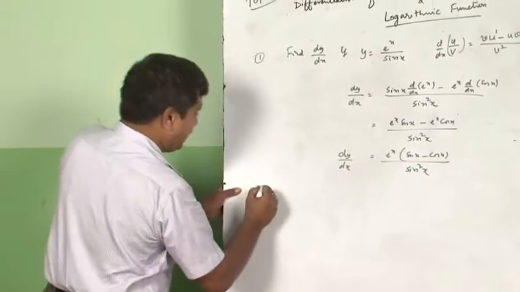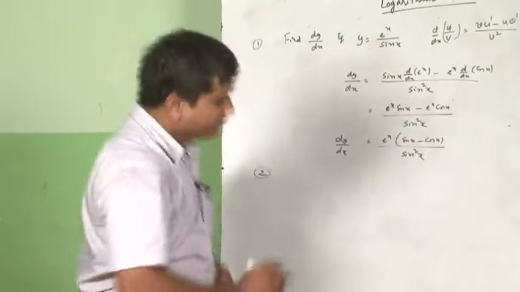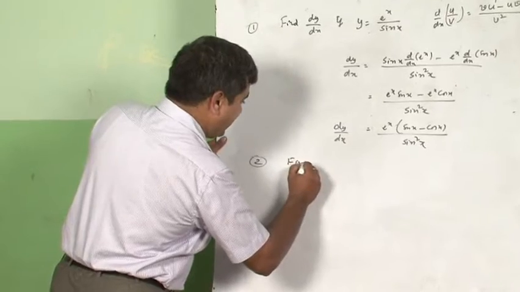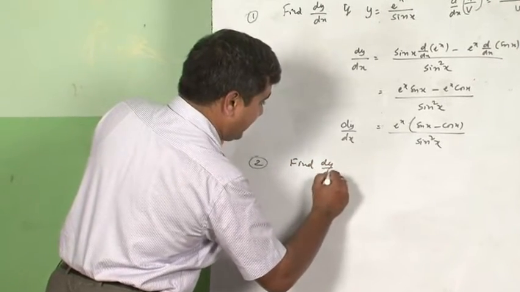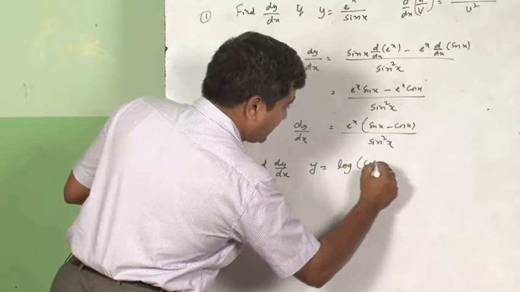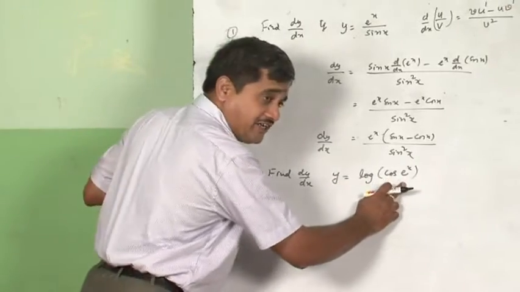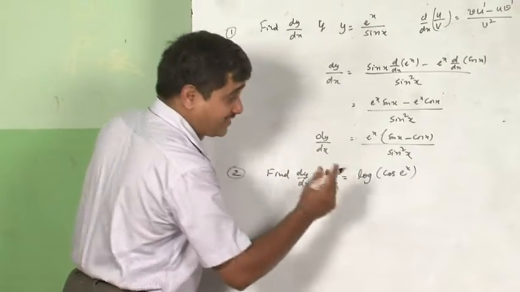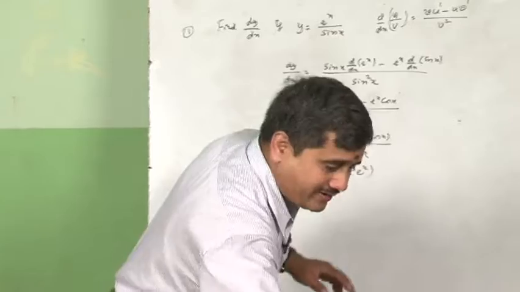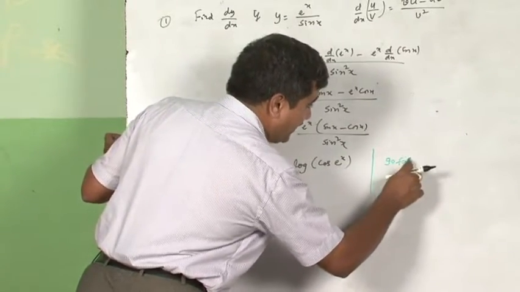This is one problem. You can take one more problem to understand this further. Here, find dy by dx if y is equal to log cos e power x. Interestingly, this is a function which has three functions. I hope you remember, I have taught you already g circle, f circle, h.